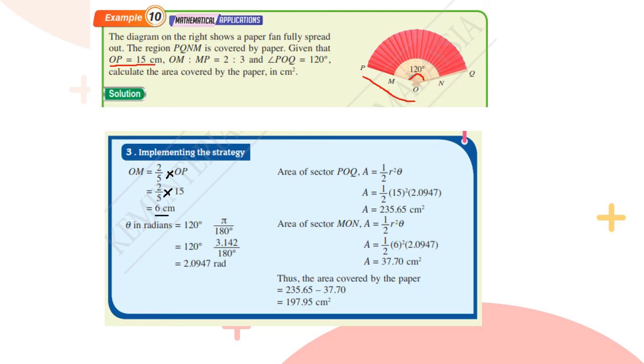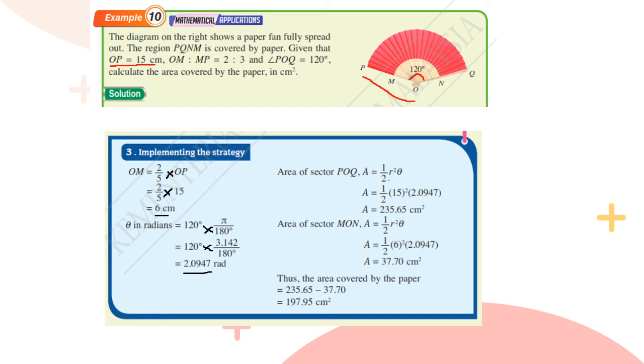Then to find the area, we need to convert the angle from degrees to radian. Convert 120 degree to radian by multiplying with pi divided by 180 degree, and then you will get the angle 2.0947 radian. Next we calculate the area of sector POQ, the area of the whole paper fan: 1/2 times r square times theta.